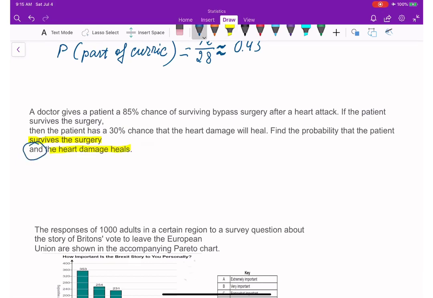When we have or, we add. So we need the probability of surviving the surgery and the probability of heart damage healing, and at the end we multiply both probabilities.